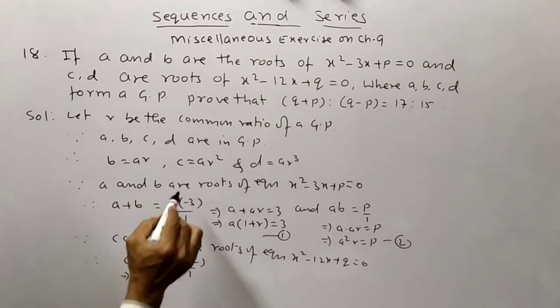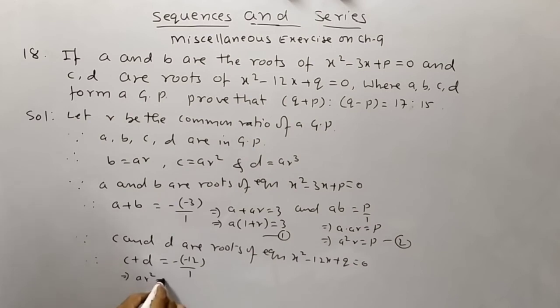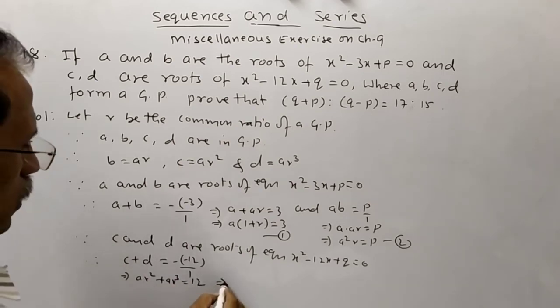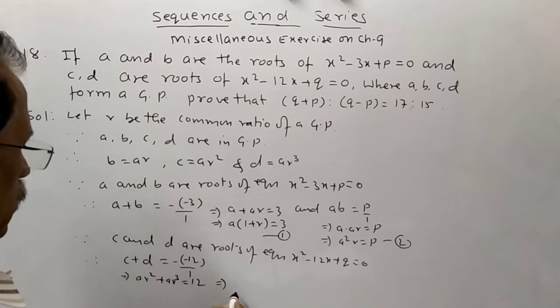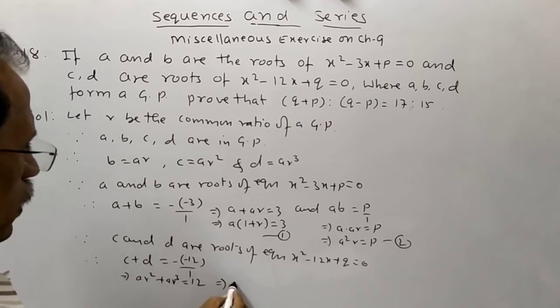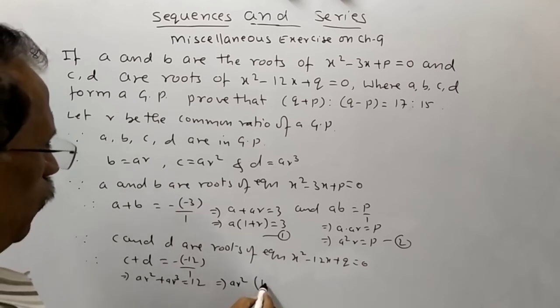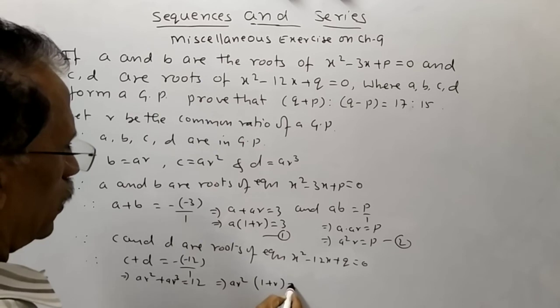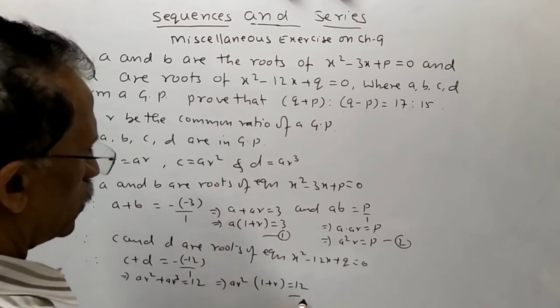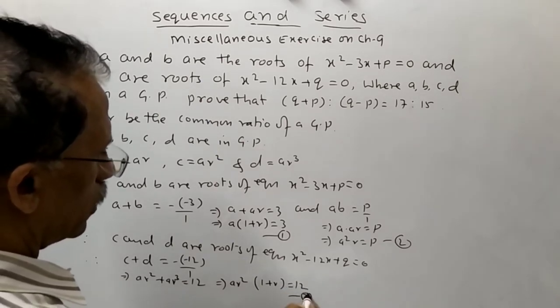AR square plus D is AR cube is equal to 12, implies when you take AR square common, then you will get 1 plus R is equal to 12, say number 3.